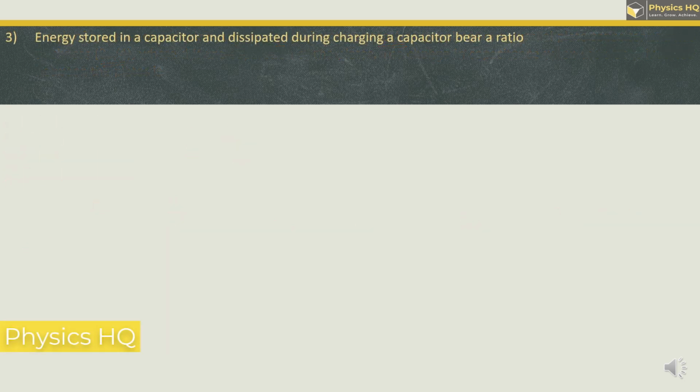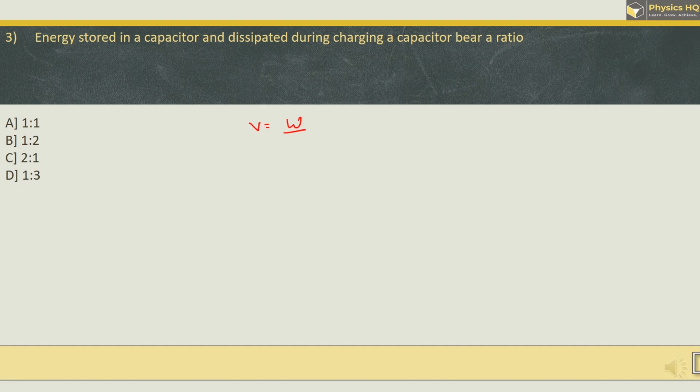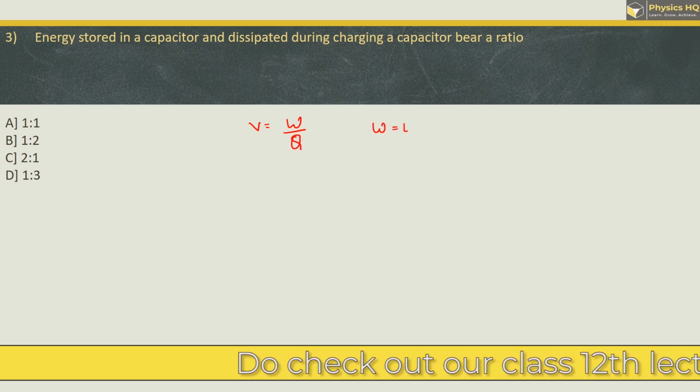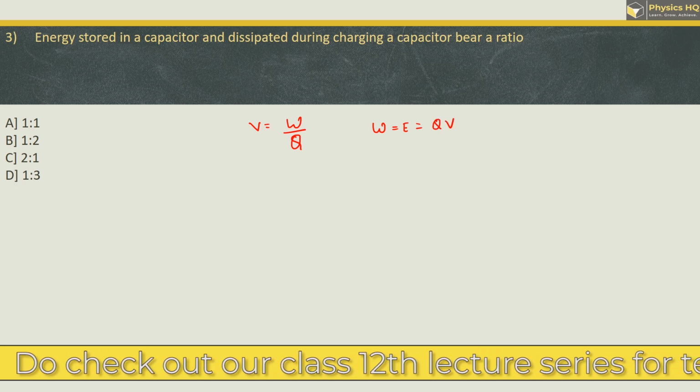The energy stored in a capacitor and dissipated during charging a capacitor bear a ratio of 1:1, 1:2, 2:1 or 1:3. Now while charging the capacitor, the potential is given by work done in moving the charge Q. So work done or energy we can say is equal to Q into V, right?